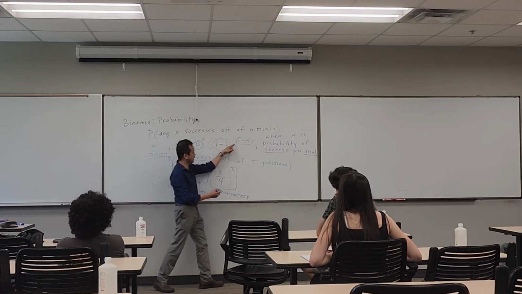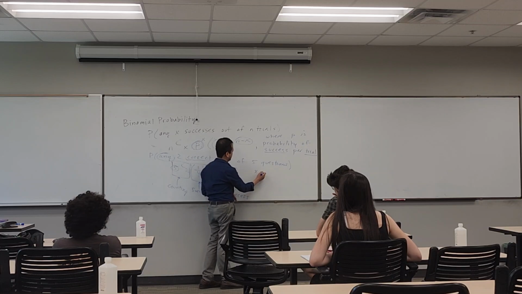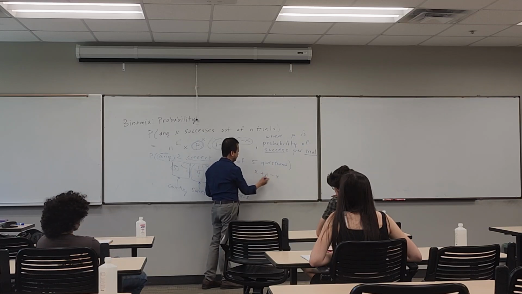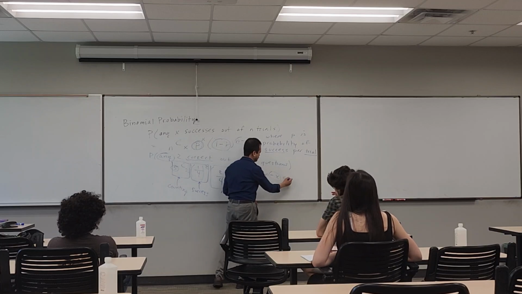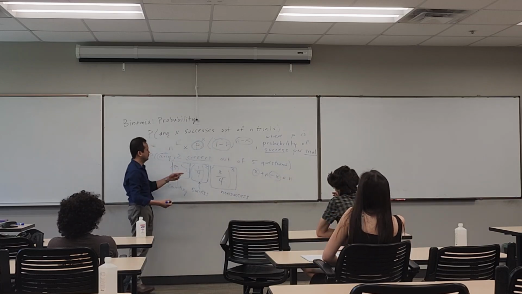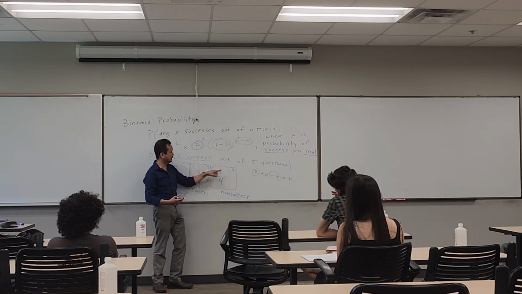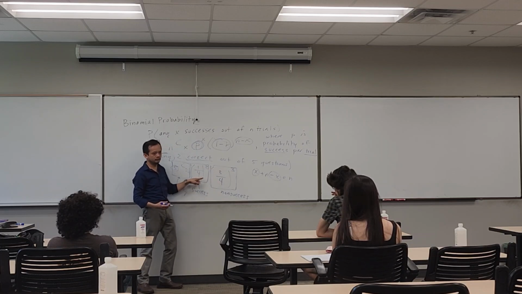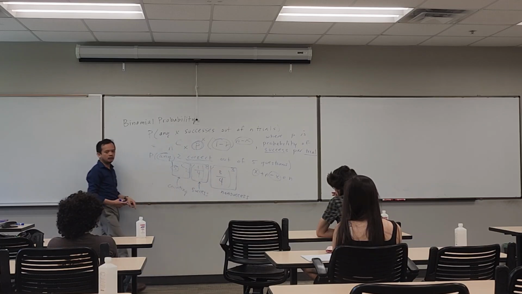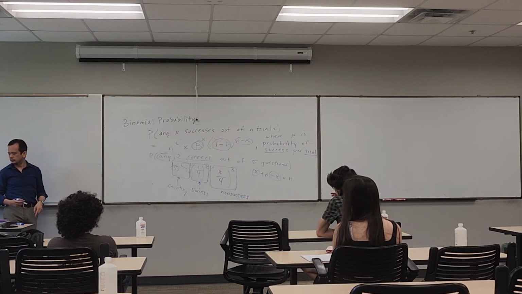But in general, if you take x and you add an n and you remove the x, then these two subtract out and you end up with the total n. Okay, so the exponents in this binomial probability add up to the total number of trials n, and the probabilities add up to 1. Any questions?